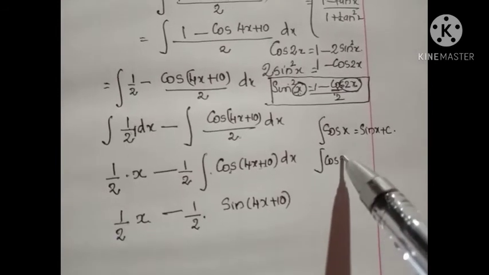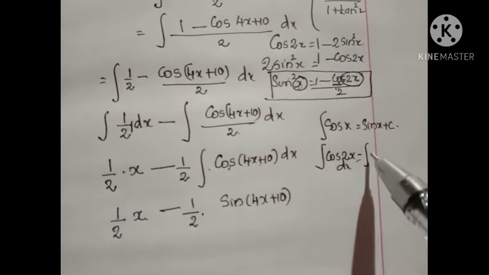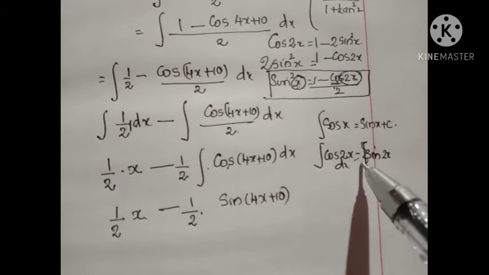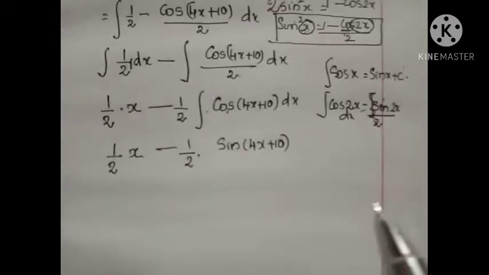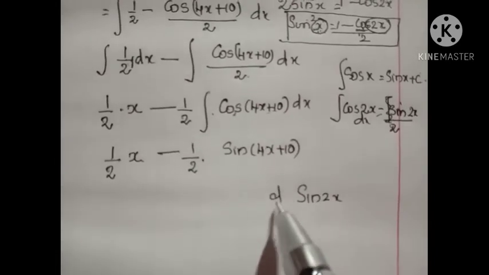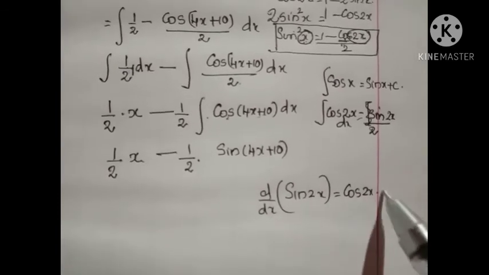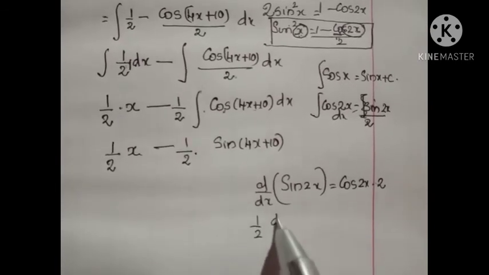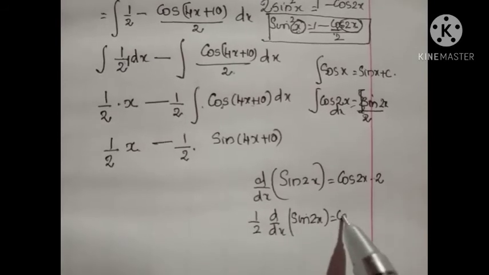If it is cos 2x, its integral is sin 2x divided by 2, because the derivative of sin 2x is cos 2x into 2. Taking this 2 to the other side, 1 by 2 into d by dx of sin 2x becomes cos 2x.